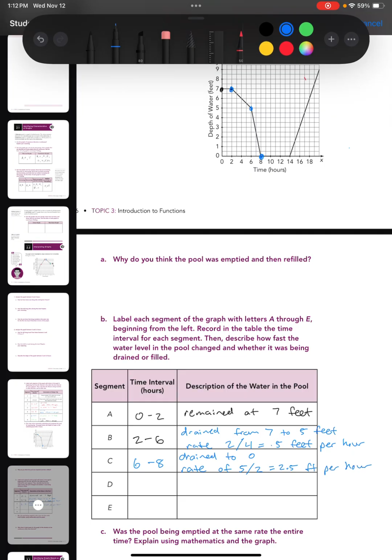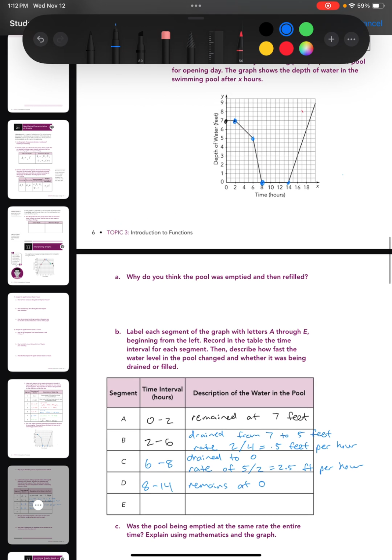And then point D, from 8 to 14, it remains constant at 0. So I'm just going to put remains at 0. So a rate of 0 also. And then we are then filled back up. So from hours 14 to hours 20, if I find that point there, it was filled back up to 9 feet.